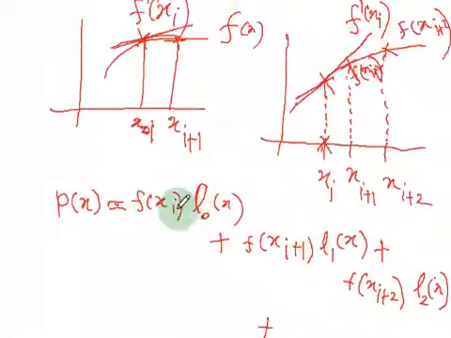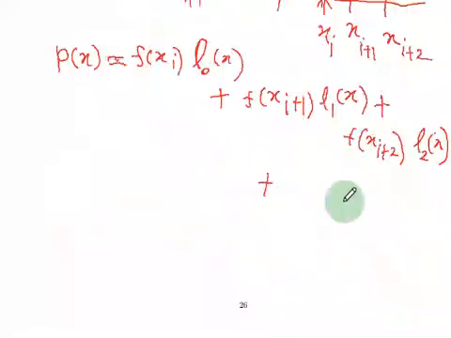I think you remember, here you have 3 points, so this is the Lagrange interpolation polynomial. L naught, L1, L2 are the cardinal functions, and here you have to add the error.